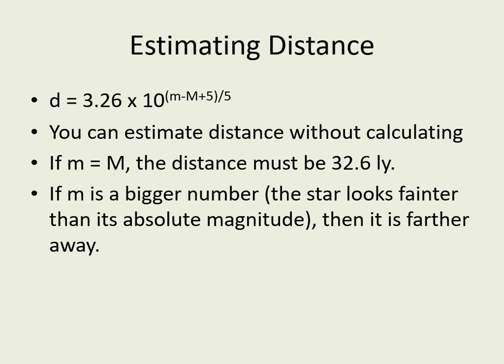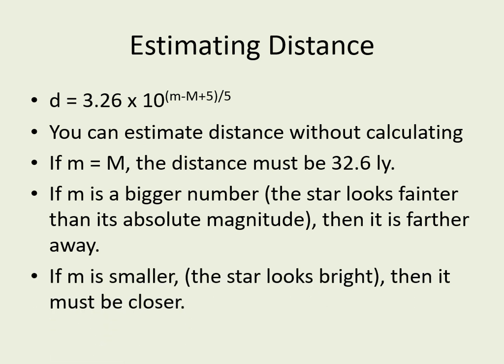Next, remember that if a star looks fainter than its absolute magnitude, in other words, if it has a large apparent magnitude compared to its absolute magnitude, then we know it has to be farther than 32.6 light years away. After all, to make it look fainter, you've got to move it farther away. On the other hand, if the apparent magnitude is smaller than the absolute magnitude, that means that a star looks brighter than its absolute magnitude suggests.